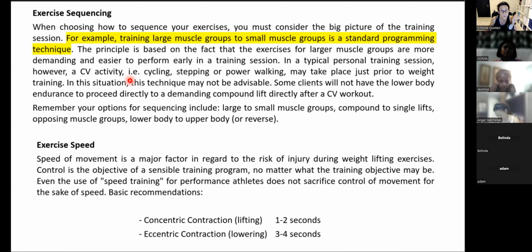So when you want to integrate cardio, do it after the weight training session. Number one, your glucose is ready to be used and you can perform 100%.